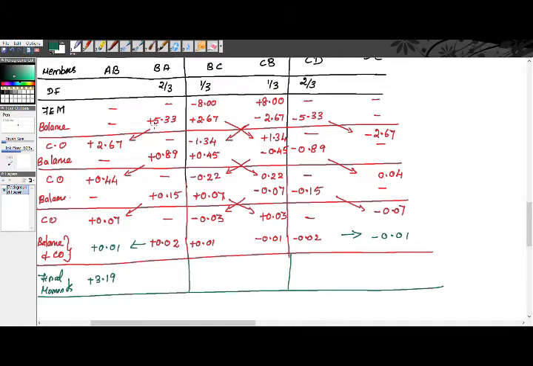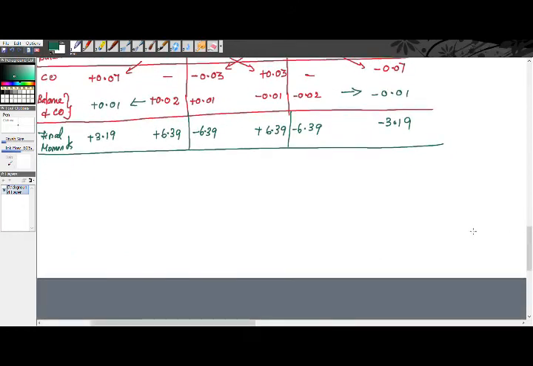You add all these values, we get plus 6.39. Add all these from minus 8 to plus 0.01, we get minus 6.39. Similarly, here we get plus 6.39, minus 6.39 and minus 3.19. So our final moments are over.